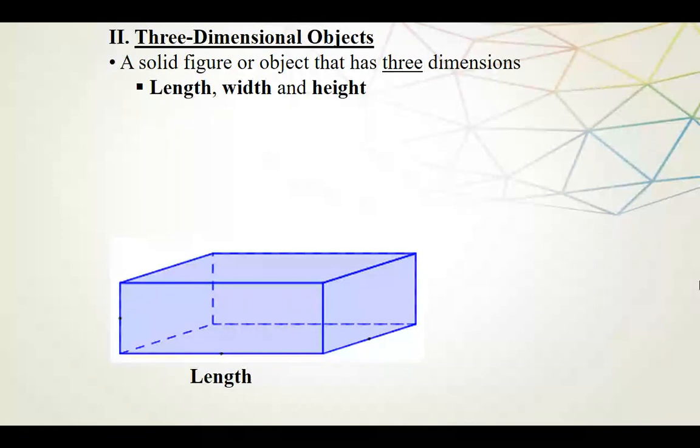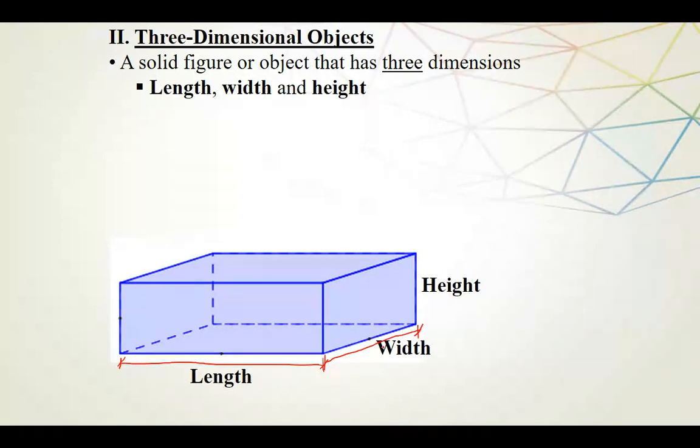So let's start off with the length. The length would represent the distance from this left edge of the prism all the way over to this right edge. We have the width or the depth, which starts at this edge and goes to the back of the right rectangular prism.